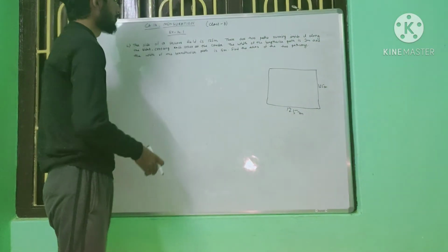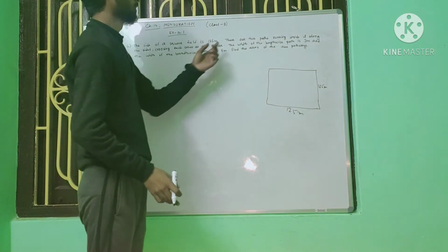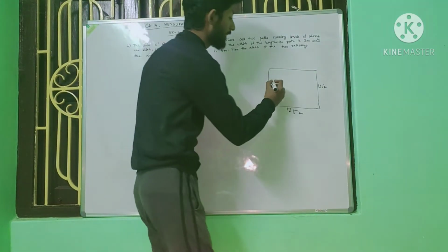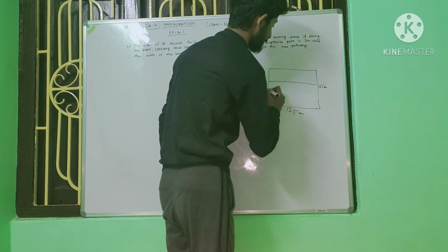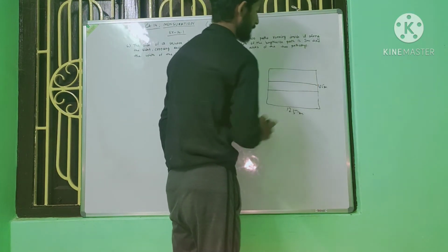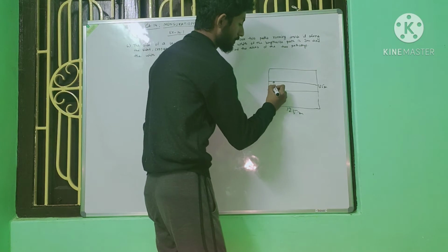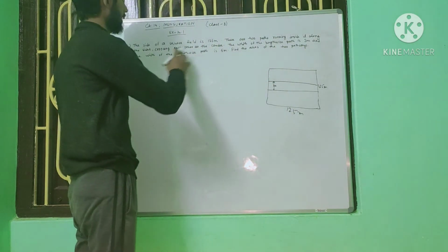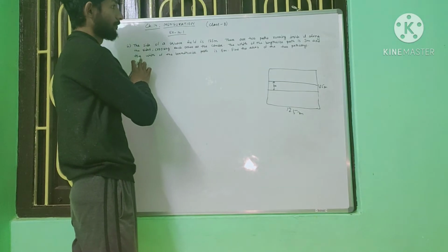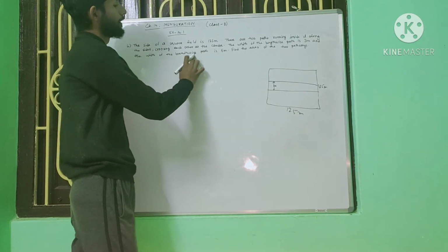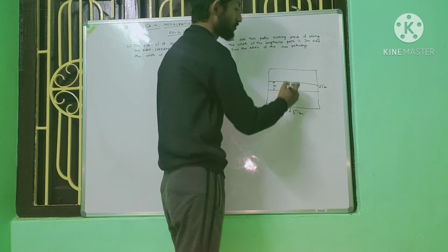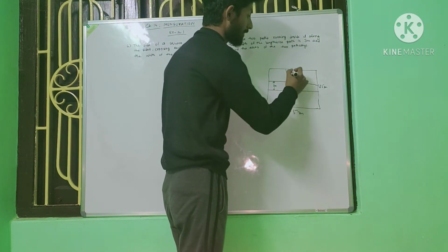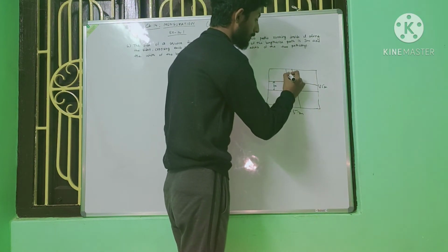Now you can see over here that the width of the lengthwise path is 3 meters. So lengthwise path is this one, which is 3 meters. And what is written here? The width of the breadthwise path, that is this one. This path is 5 meters.